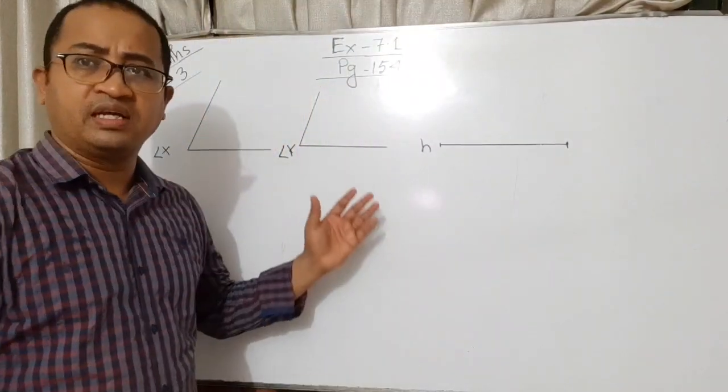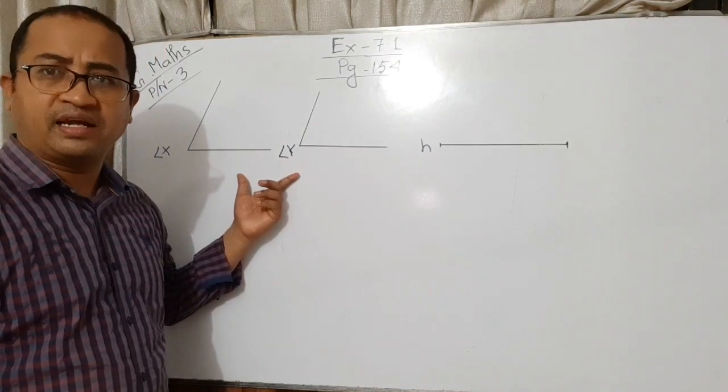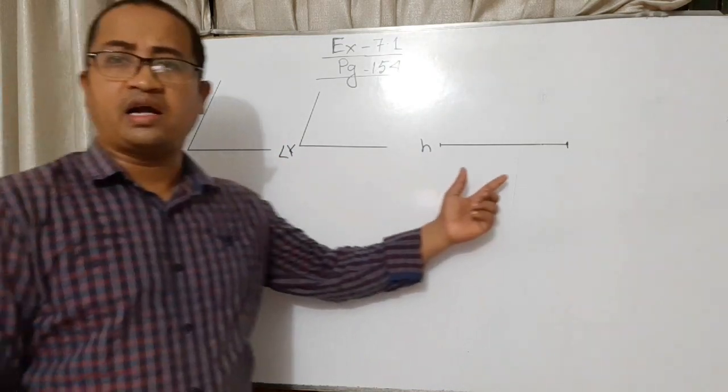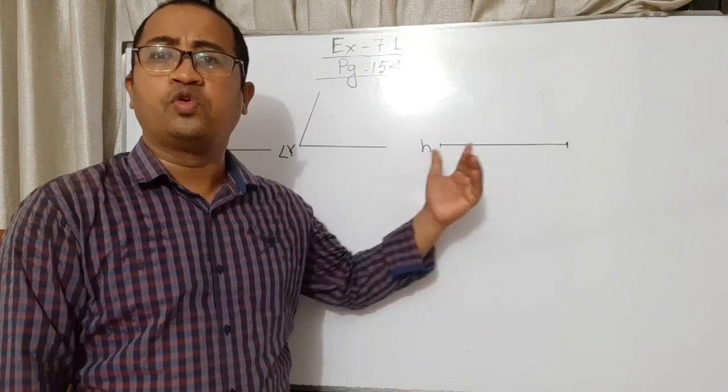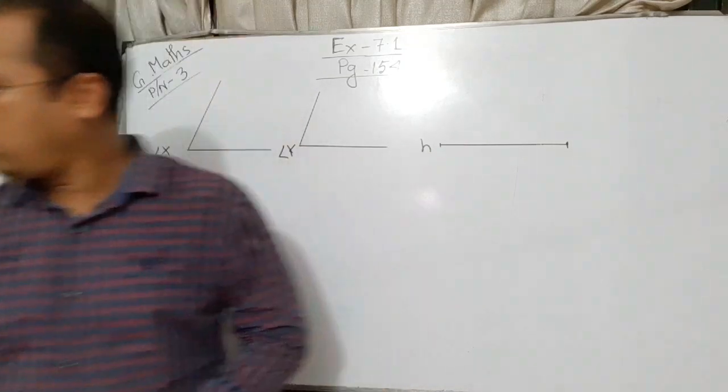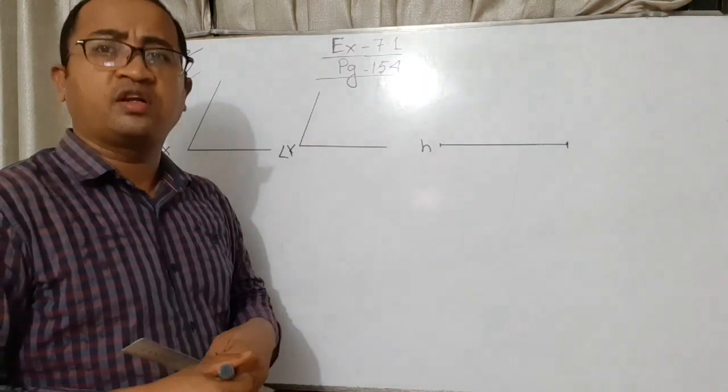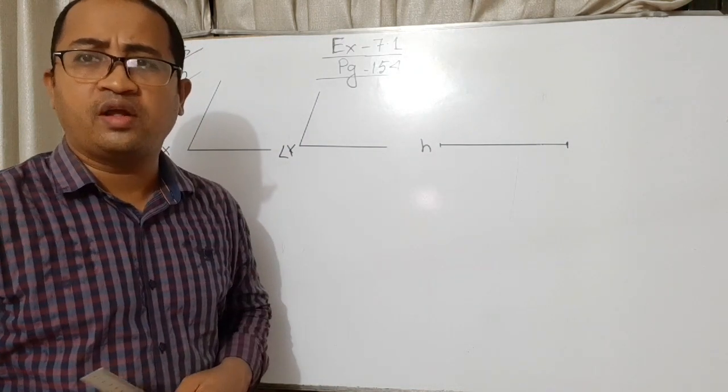Now look, say it is given two base adjacent angles x and y and the height is h. Now we will construct the required triangle. To construct it, at first you should draw any ray.